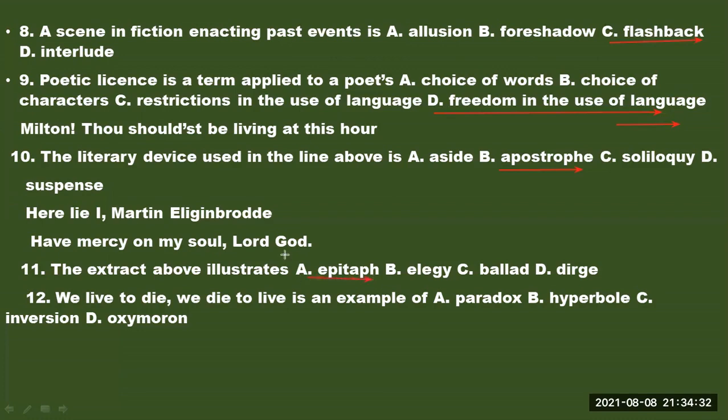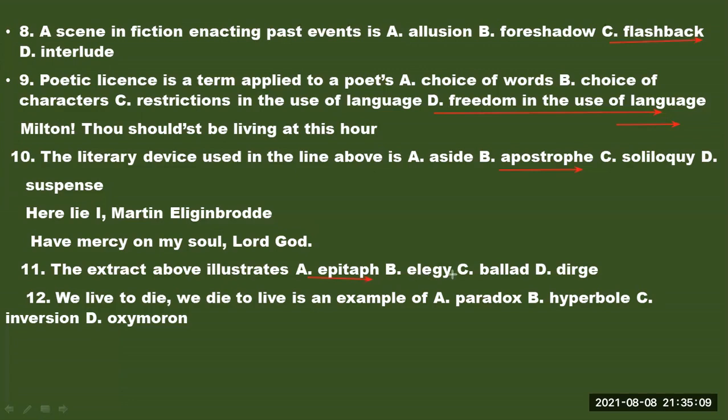Epitaph is correct because an epitaph is a kind of written piece you find in a graveyard, something that depicts a dead person lying in the grave. And so when these lines say, "Here lie I, Martin, have mercy on my soul, Lord God," that is an epitaph.